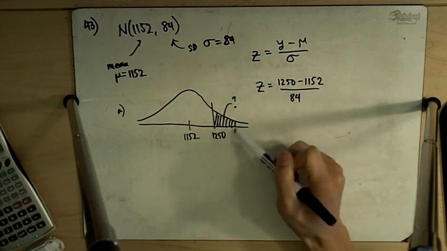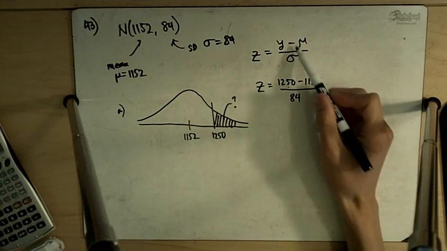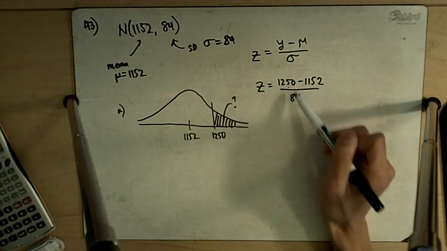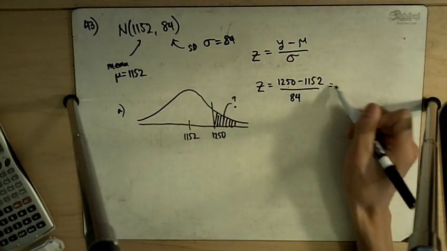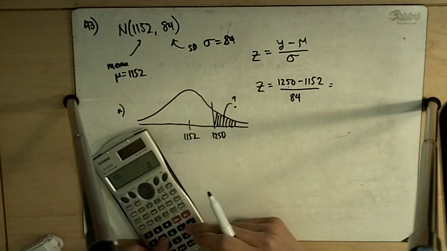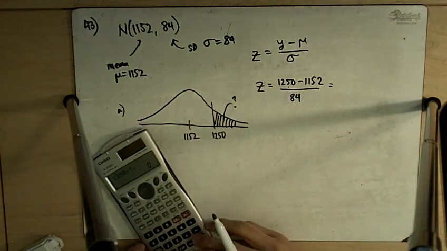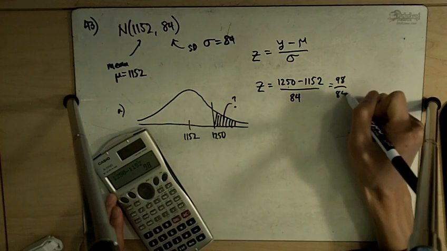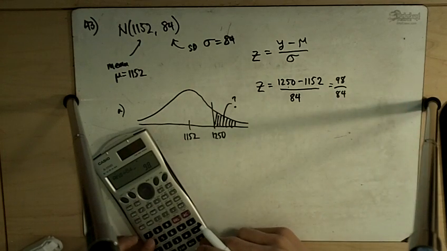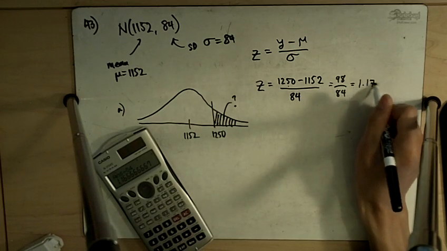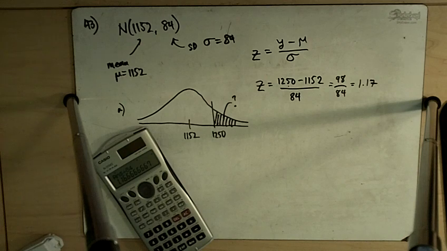Our y is 1250, the mu is our mean, 1152, and our standard deviation, sigma, is 84. So 1250 minus 1152 gives 98, divided by 84, and we get 1.17. So we have a z-score of 1.17.